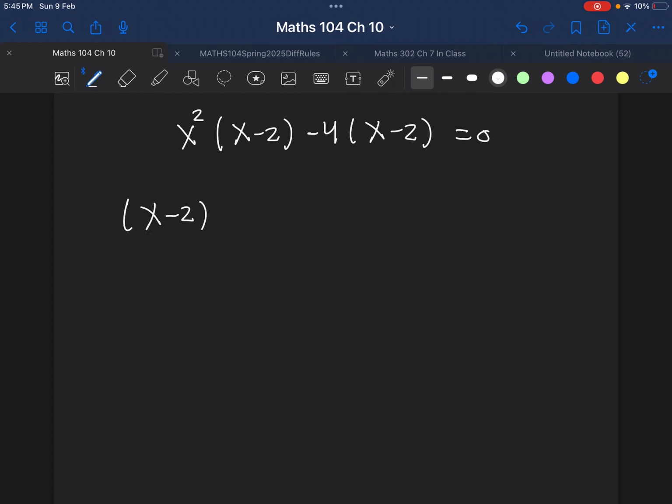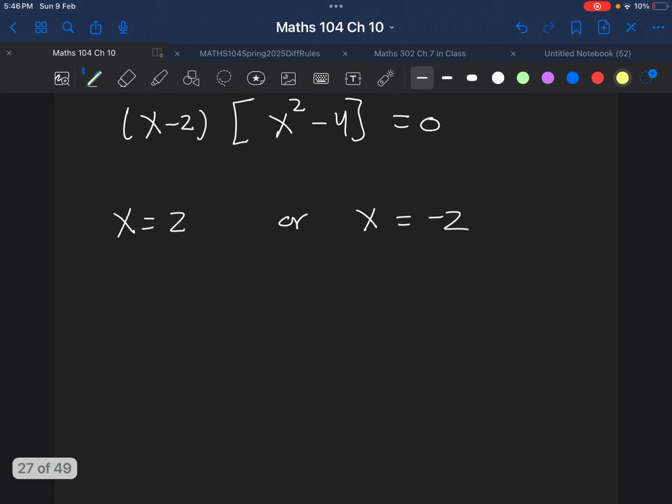I will take a common factor. Now take x minus 2 as the whole common factor. What is left is x squared minus 4 equal to 0, which means either x equal to 2 or x equal to negative 2. And now what we do next is write the number line.